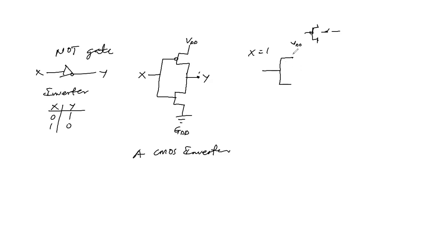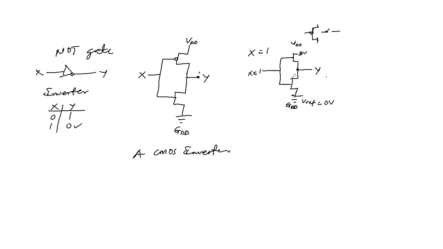And then what we now have here is no voltage, it is 0 volts, right? This is grounded to the reference voltage, so it is 0 volts, right? So what is seen at the output is 0 volts when X is equal to 1.